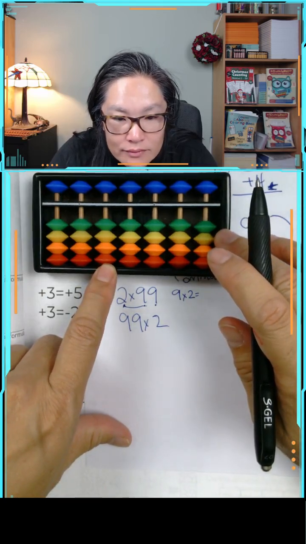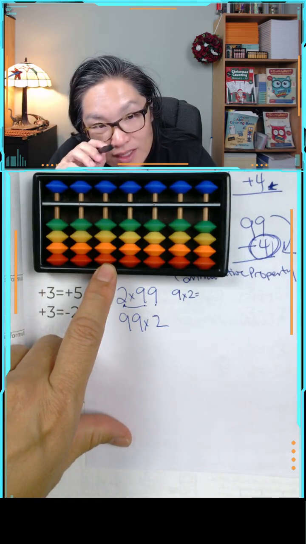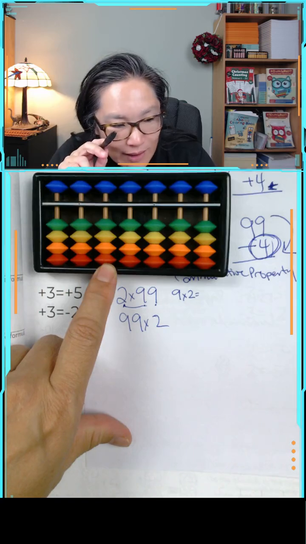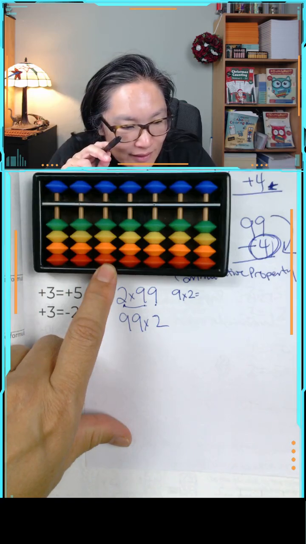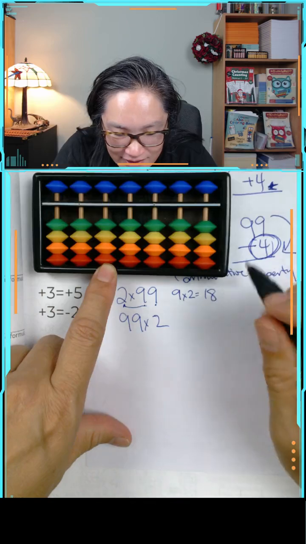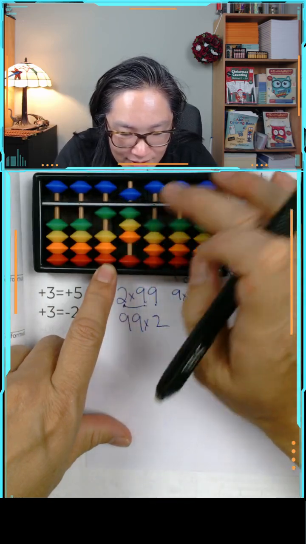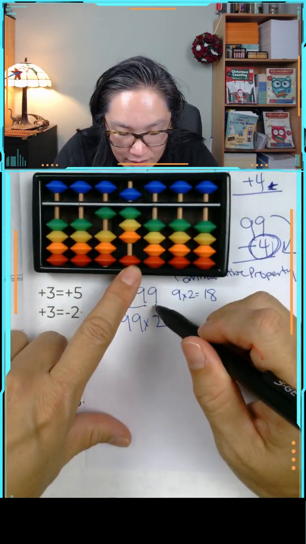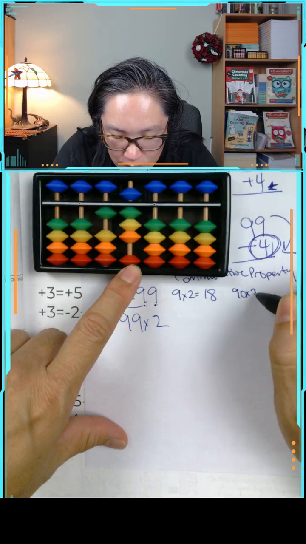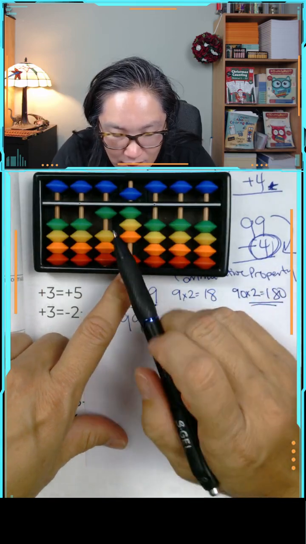You know what? Wheels, if you can get me to 60,000, we can do division. How about that? Thank you, Wheels. It is 18. Add the 1, add the 8, and then we do it again. So notice I don't need to say 90 times 2 is equal to 180. We don't need to do this because our abacus does it for us.